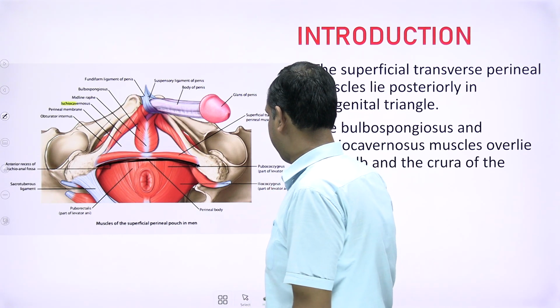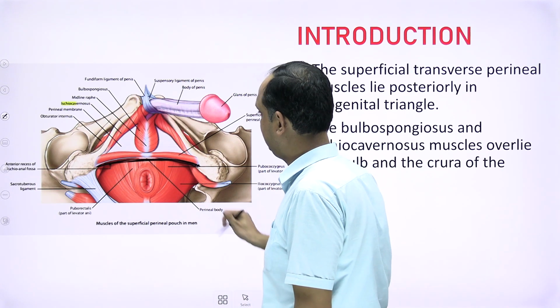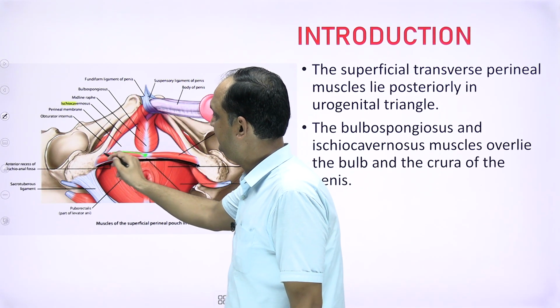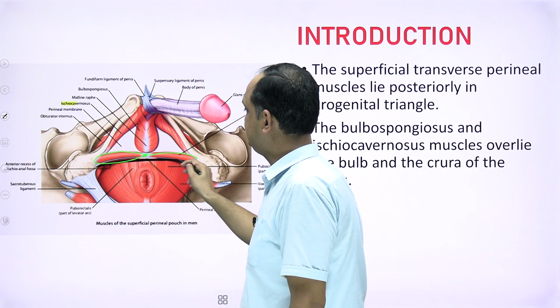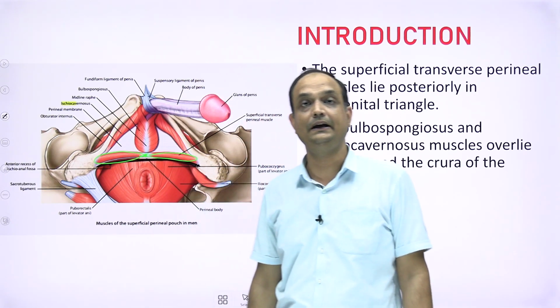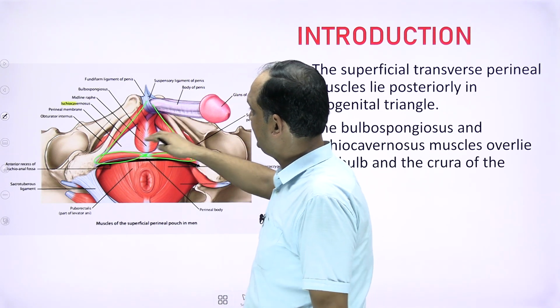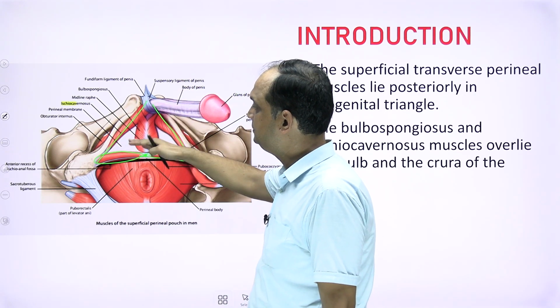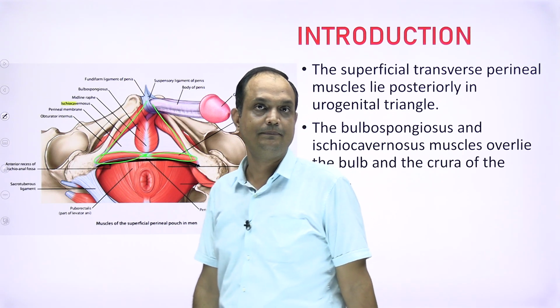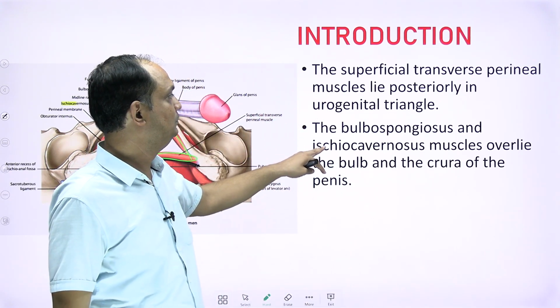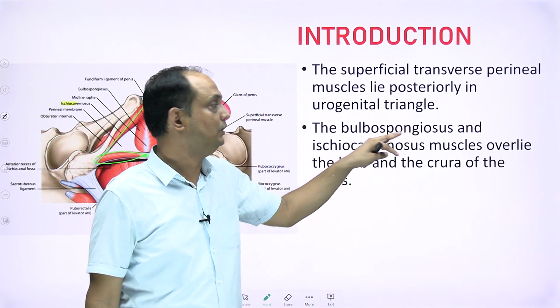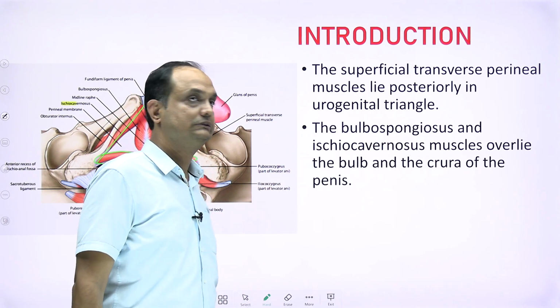On the perineal membrane superficially, you can see this muscle placed on both sides; it is your superficial transverse perineal, and this is your urogenital triangle. So in this triangle this muscle is placed posteriorly. Clear? Then you have the two more muscles, bulbospongiosus and ischiocavernosus.